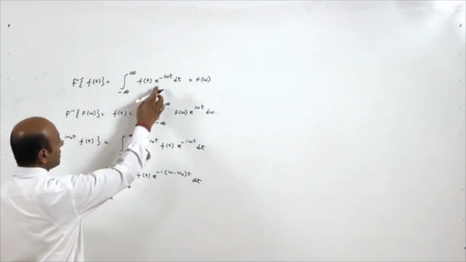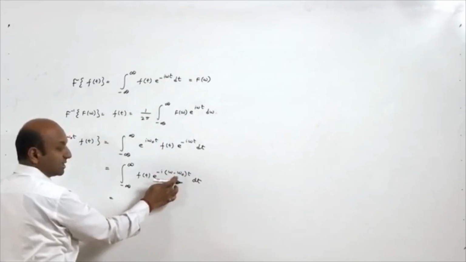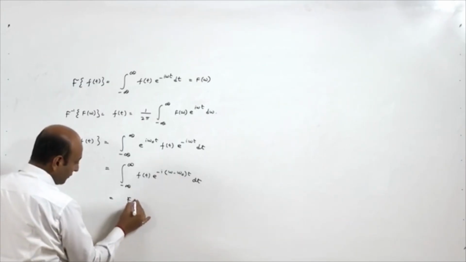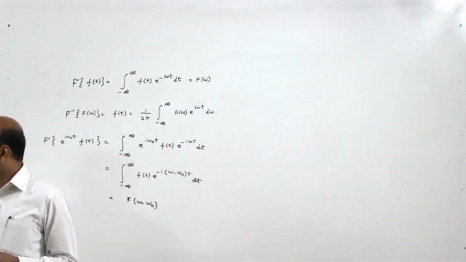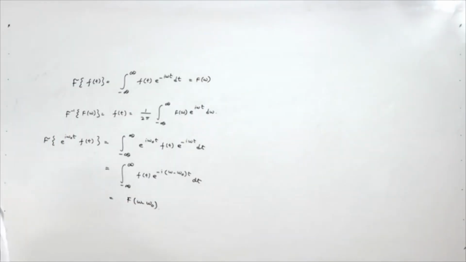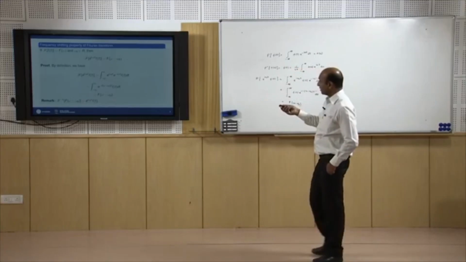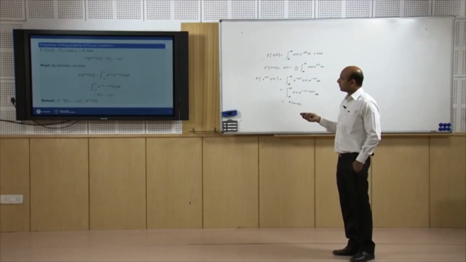So, in this expression, instead of ω we have ω minus ω0. So, this is nothing but F(ω-ω0). This is called the frequency shifting property of Fourier transforms. This we can use sometimes while solving some problems.